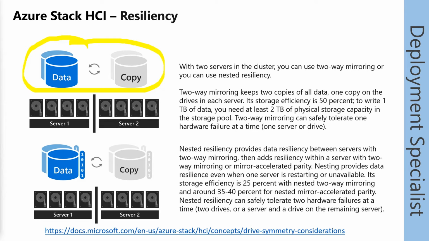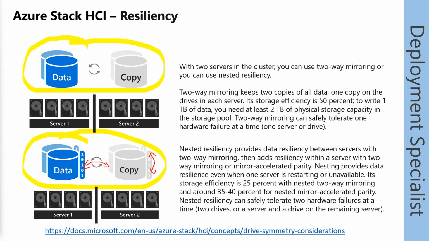This is the reason why I would recommend to always use nested resiliency in a two-way configuration. In this nested resiliency, we have a data copy across the servers, and additionally, we have a local copy of each extent. So this means two copies of each extent locally and two on the other server. So 4 copies for each extent.